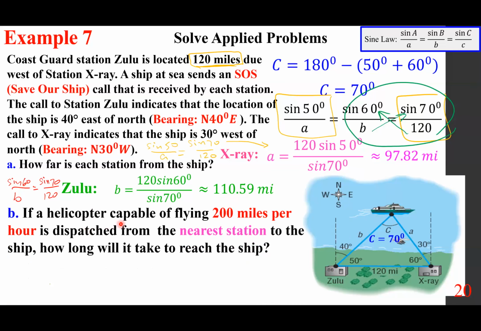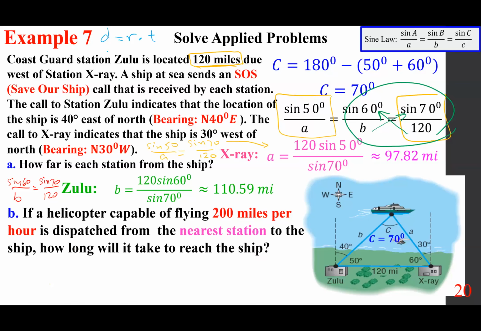If a helicopter capable of flying 200 miles per hour is dispatched from the nearest station to the ship, how long will it take to reach the ship? Remember, D equals RT. Class, I hope everybody remembers this, that D equals RT.